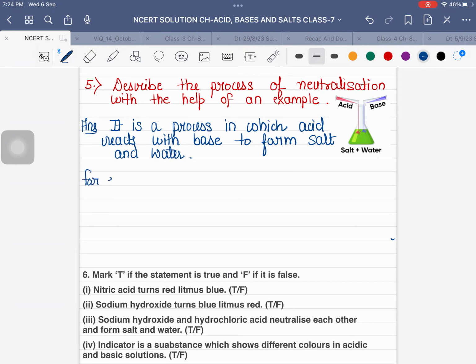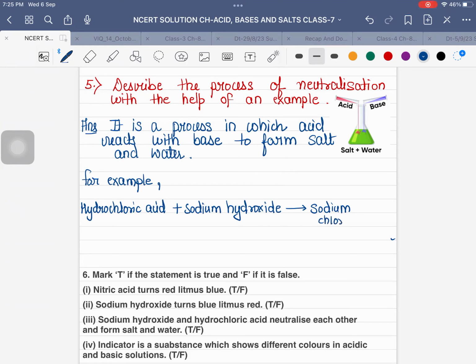For example, we can write an example in the form of a reaction. When hydrochloric acid reacts with sodium hydroxide, which is a base, then it gives sodium chloride, which is a salt, and water.